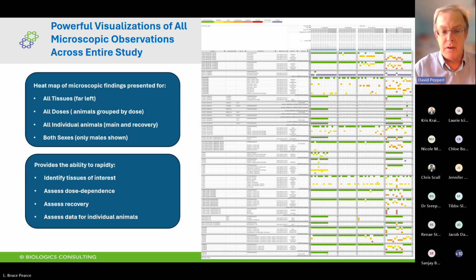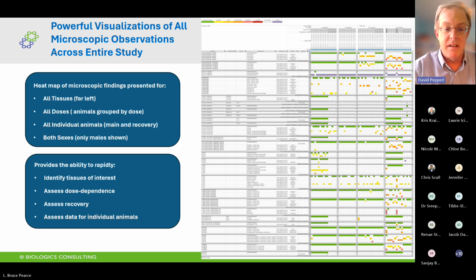So then the real power in looking at the data in even just this one view is that it allows you, the sponsor, to rapidly identify key tissues of interest, dose dependency of any toxicity, potential recovery of these findings, as well as individual animal data, with the added benefit of being able to flag and specifically follow those highlighted animals that exhibit safety findings.